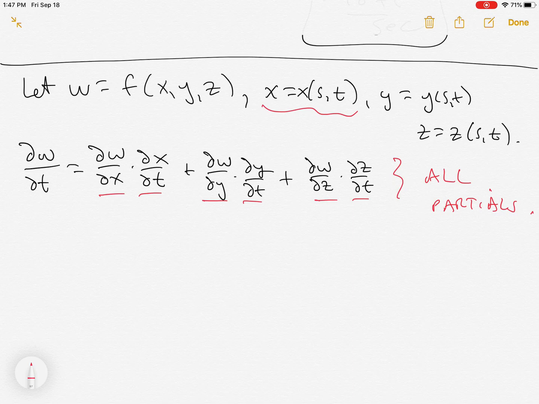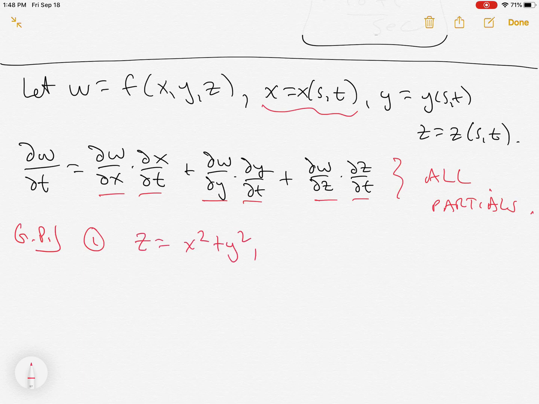Okay. So I'm going to give you some guided practice here, so that when you guys come online, we'll start talking about these 2 problems. I got 2. So problem 1, we're going to let z be x squared plus y squared.